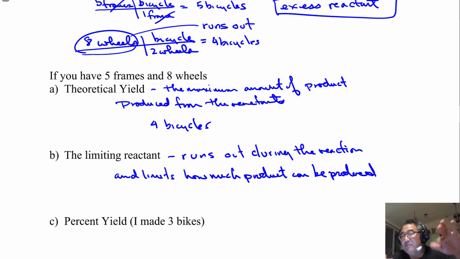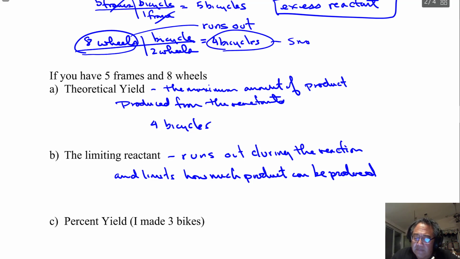On the other hand, if you're given multiple reactants, you have to figure out for each reactant how much product can be produced. And the limiting reactant, you can tell because it makes the smallest number, the smallest amount of product.